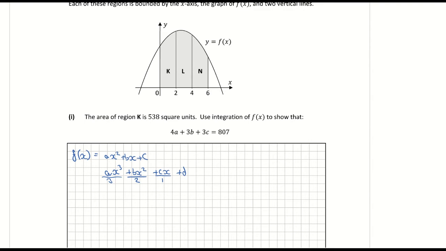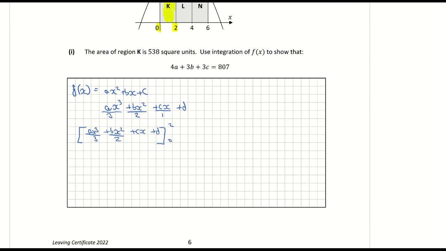And I now need to find the integral of that in the region of, well, we're looking at the area of k, so that's going from 2 to 0. So I'm basically looking for the area of this region in here. So that's going to be ax cubed over 3 plus bx squared over 2 plus cx plus d from 2 to 0.